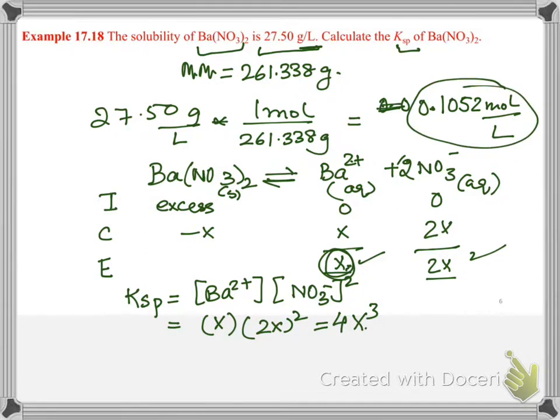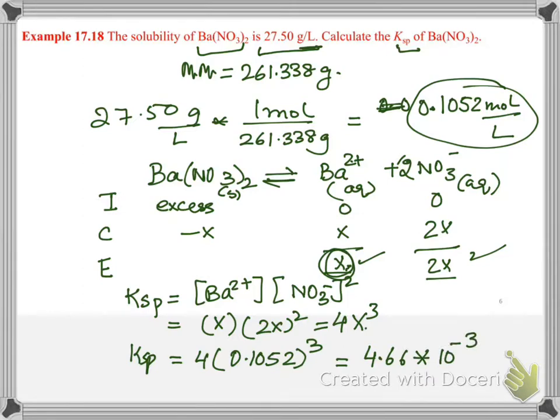So 4 times x, which is 0.1052, cubed, equals 4.66 times 10 to the negative third. So, given the Ksp value, you should be able to find the solubility in grams per liter or in moles per liter, or given the solubility, you should be able to find Ksp.